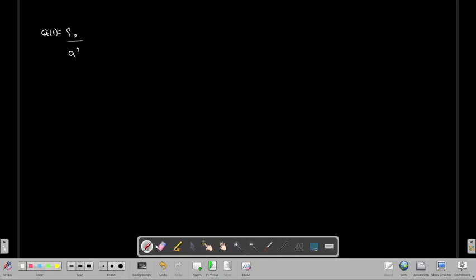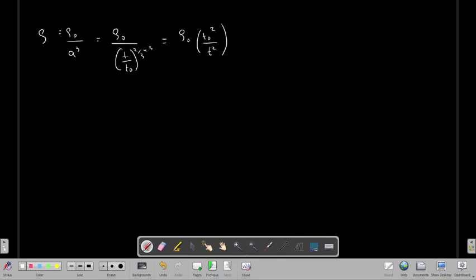Sorry, rho is equal to rho 0 by a cube. Now here you can put the value of a. With change in time, it is actually (t by t0) raised to power 2 by 3, whole cubed. So you can write rho 0 into t0 square by t square.